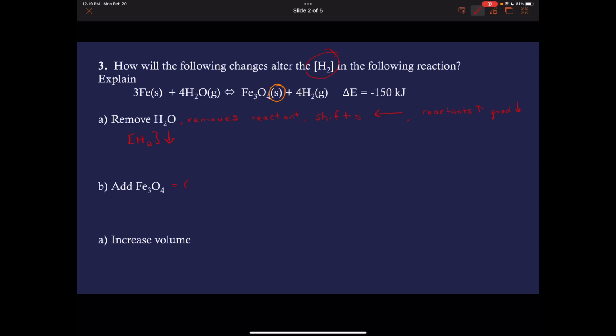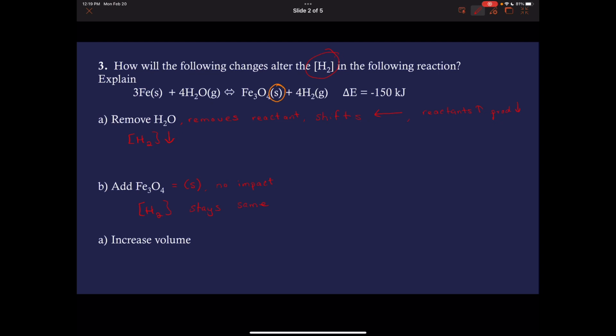And since that iron oxide is a solid and there's no impact, we're going to see no change in our hydrogen concentration. So hydrogen stays the same.